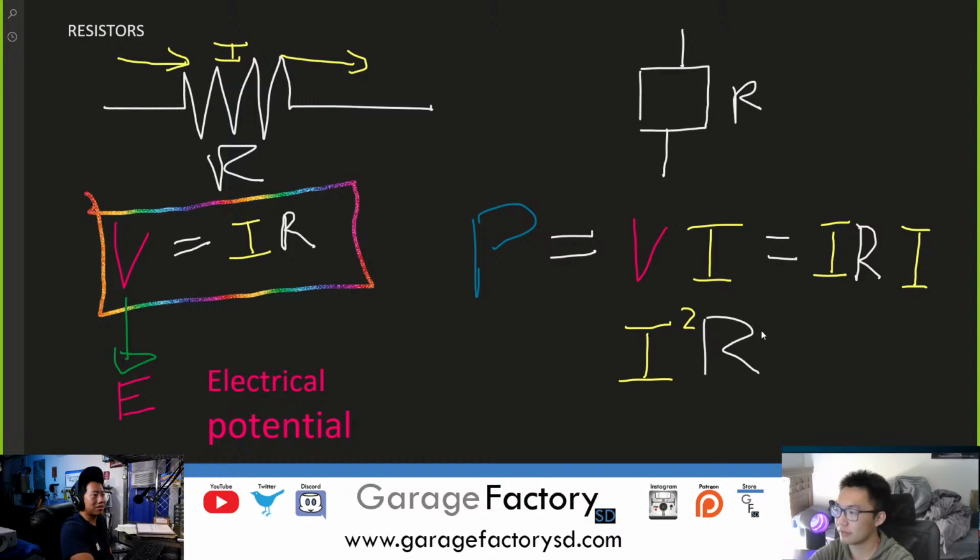Alright, what else? Oh, I need to show the units. R is usually measured in ohms. Very, very important. I is in amps, and P is in watts.